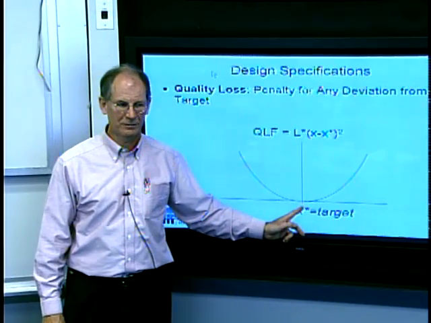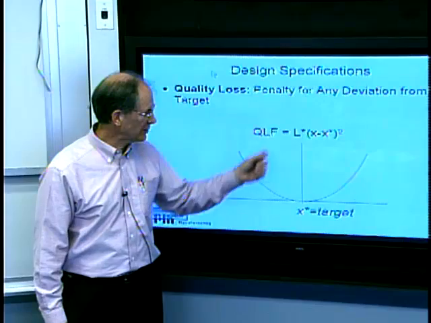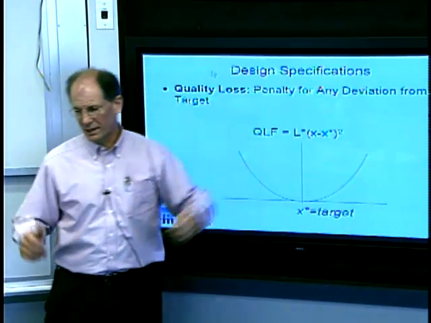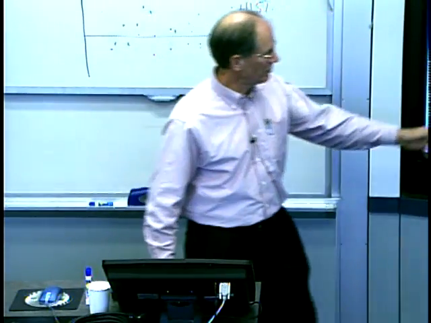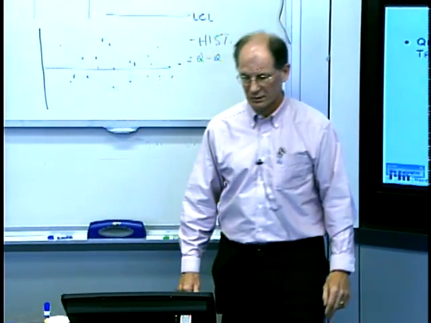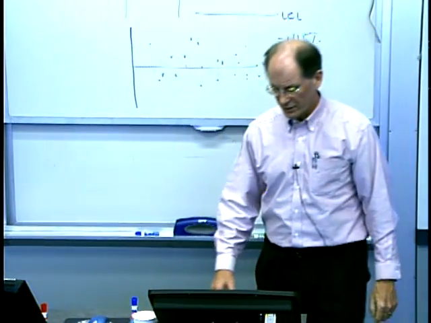Any deviation from that is less good, and there is an actual cost associated with that deviation. And he said, not knowing anything more about it, we'll call it a quadratic loss. So the farther you are from the specified value, the worse the product is. And of course, you should always work your way down this curve.